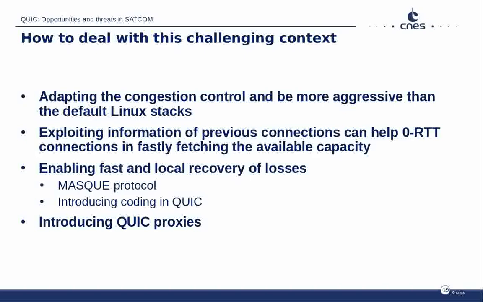Another thing, and we have a draft at the IETF for that, is to exploit information from previous connections, when we resume a connection, to quickly find the available capacity. To cope with losses, we could do local recovery of losses or introduce coding. Another way to improve things would be to introduce QUIC proxies, but they have security implications that we do not want to address here.